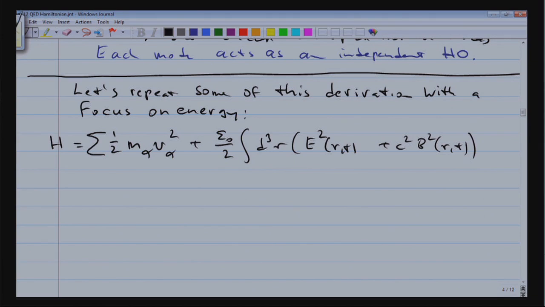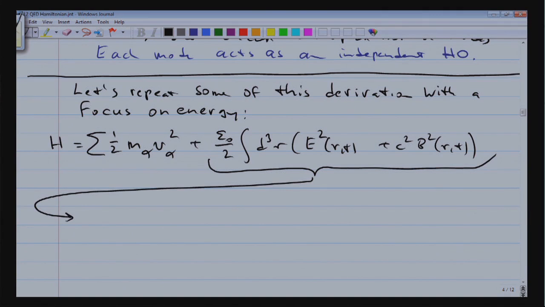And this integral over the electromagnetic field energy density can actually be nicely separated into an integral over the longitudinal field, which we have introduced, and a second integral, which involves the transverse field.